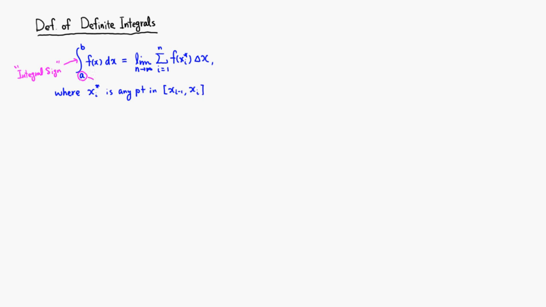This is called the lower limit of integration, and you could have guessed that the top number is called the upper limit of integration. Then the function inside is called the integrand.